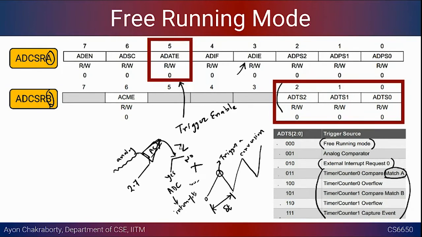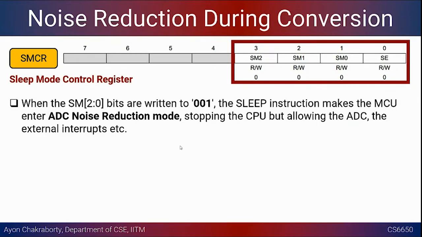Okay. So there is one more thing I just wanted to mention as a side note, which is a way to reduce the amount of noise in the ADC while you do the conversion. Because when you are converting, all of the other IO specific clocks, the other peripheral clocks are all on, right? There are other things that are continuously on, and they somehow interfere with your ADC conversion by introducing some noise.